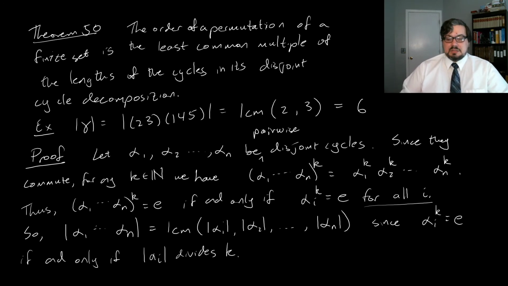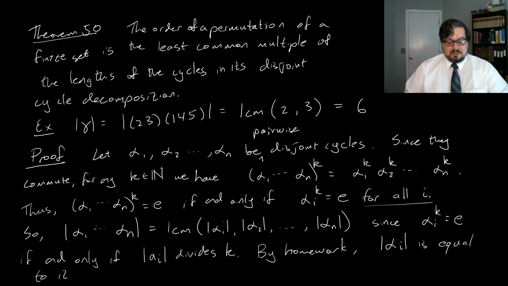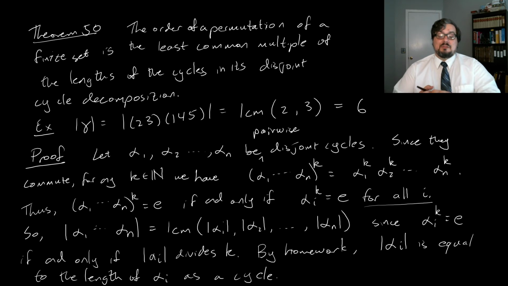So the only thing that's left is to note that by the homework, the order of alpha i is equal to the length of alpha i as a cycle. In other words, the number of elements in it.